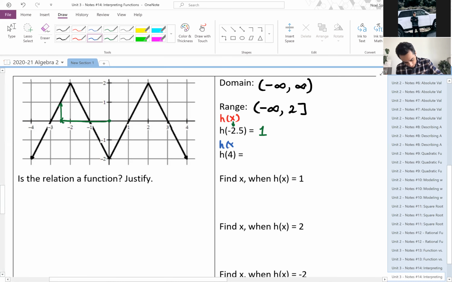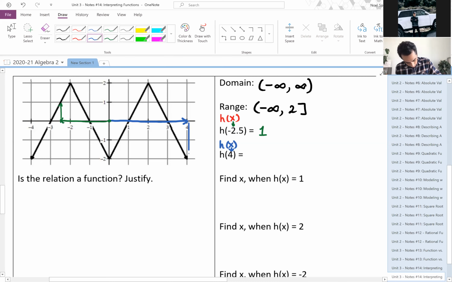Okay. All right, same idea here, right? This is h of x. So what is the x value? It's 4, right? So what is the output when the input is 4? That's all it's asking. So let's go to 4 on the x-axis. And which direction would I need to go if I wanted to meet the graph? Yeah, I would need to go down.